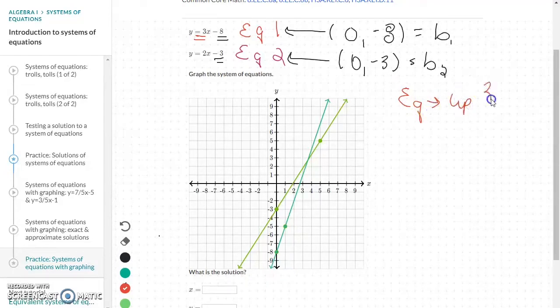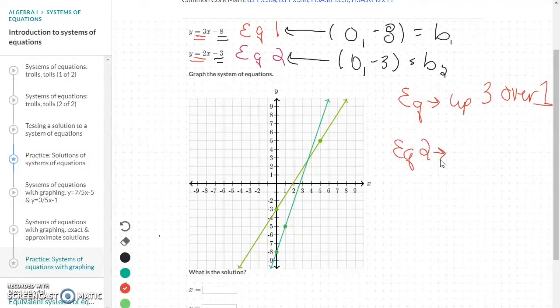Up 3 over 1, because the slope is a whole number, it's positive 3, and all whole numbers are over 1. So it's 3 over 1. Rise 3, run to the right 1 time.